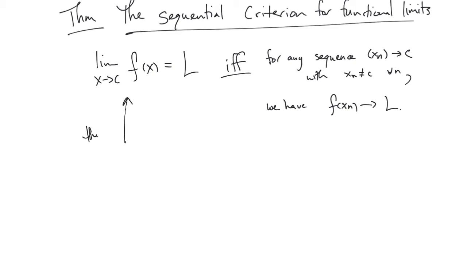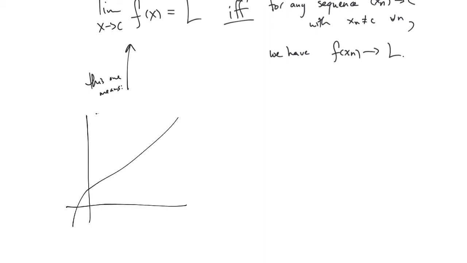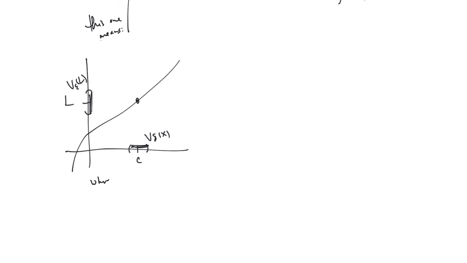So this one means, if I were to draw this on a picture, here's my function, here's a particular point, the x value is C, the y value is L, and what the statement of the limit means is, if you have a small neighborhood over here, which is the epsilon neighborhood around L, which we write as V epsilon of L, no matter how small you choose the epsilon over there on the y-axis, there is some delta on the x-axis, this V delta of x down here, such that whenever x is in here, then the y values end up in here.